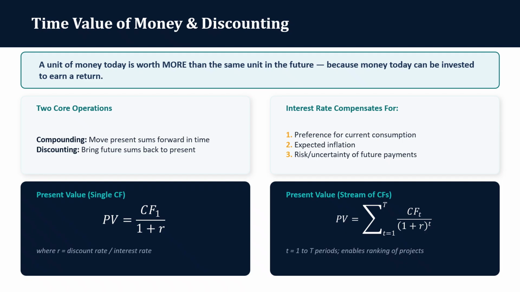That tells you that receiving 1,100 next year is equivalent in value to receiving 1,000 today, given a 10% interest rate.